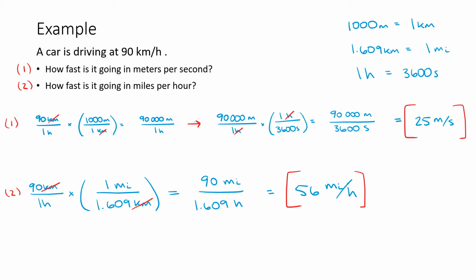So I'll put 1 hour on the top. And how many seconds are in 1 hour? 3,600.